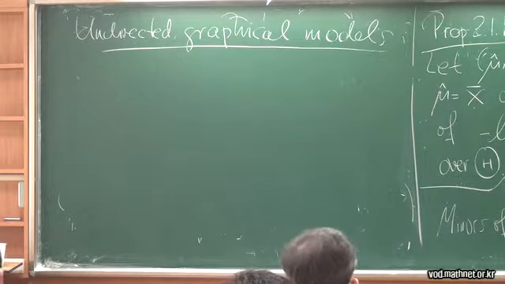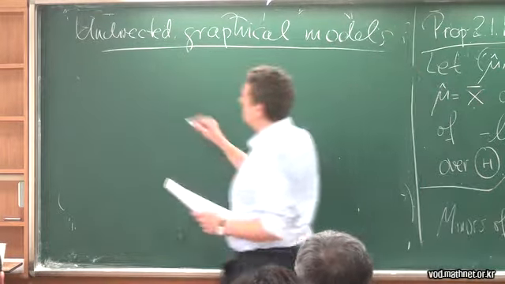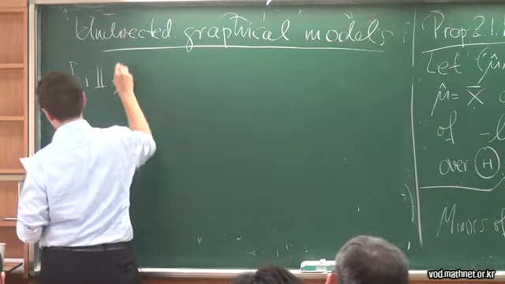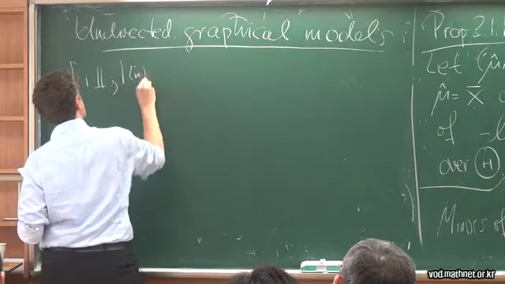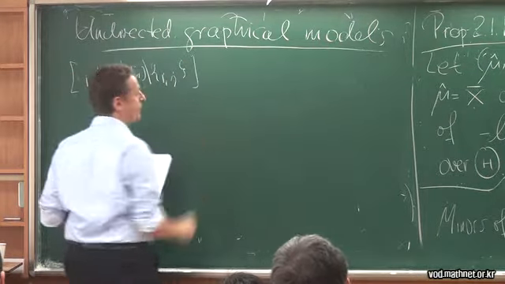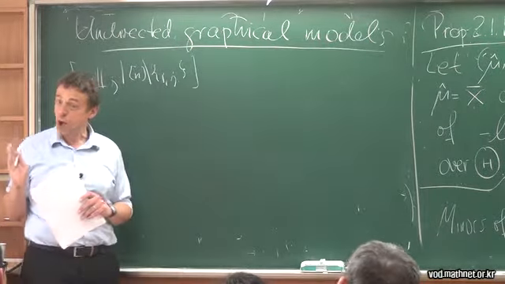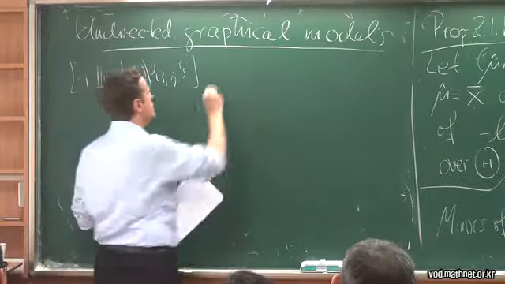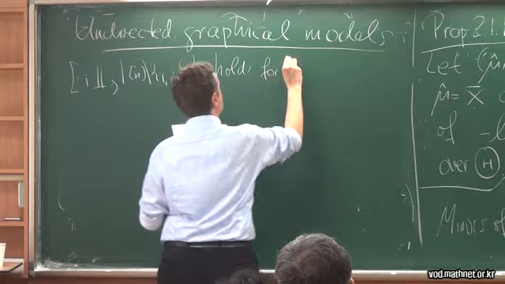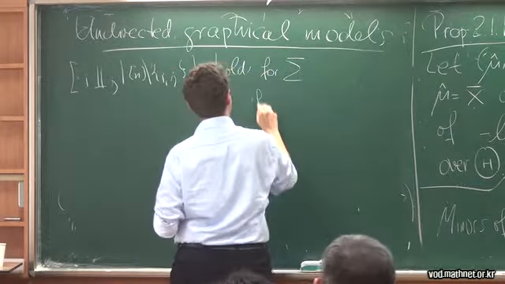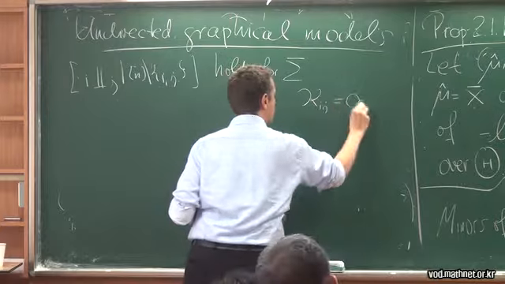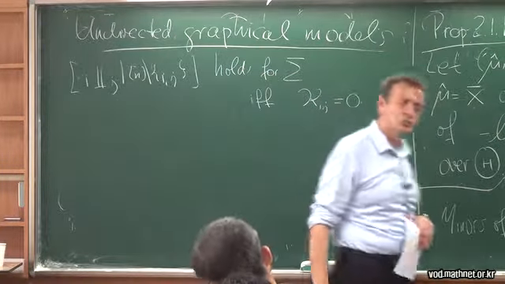For example, for graphs, remember the conditions are saturated: i given j is independent of everybody else, whenever there's a non-edge. For every non-edge, this statement holds. So this holds for sigma if and only if the entry kappa ij is 0.